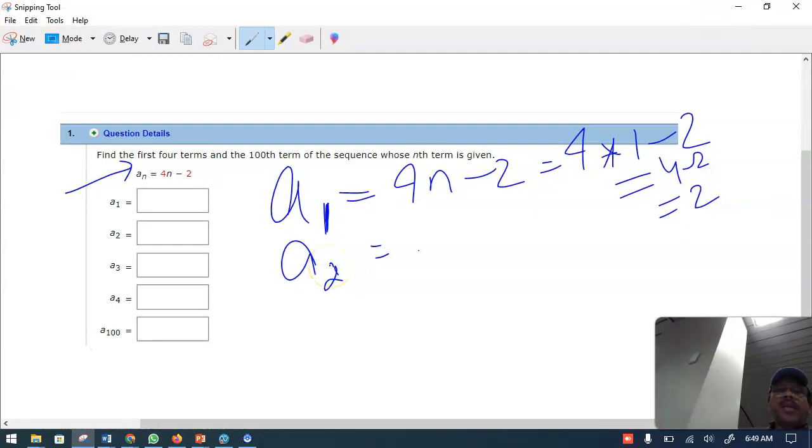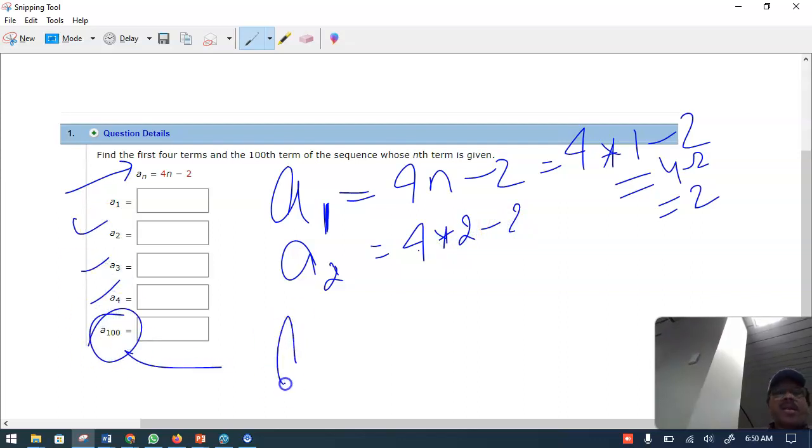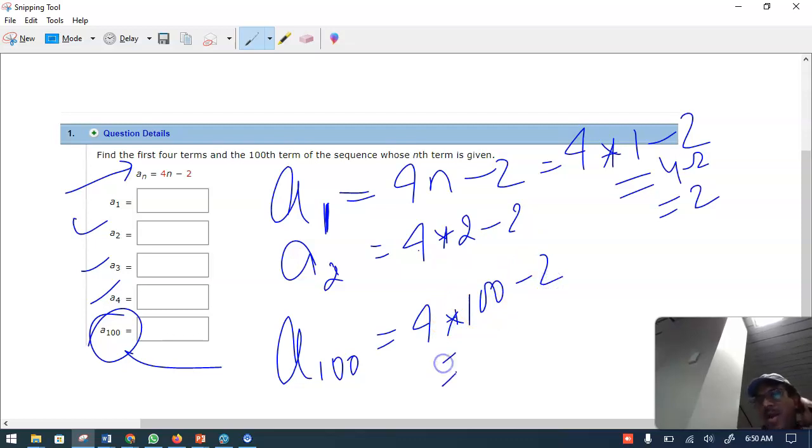And the same thing for the second one. And likewise, you figure this out. If the question is a of 100, all you do is put 100. The 100th term is 4 times 100 minus 2. That will be 400 minus 2, which is 398, and you're done. So that's all the first question is.